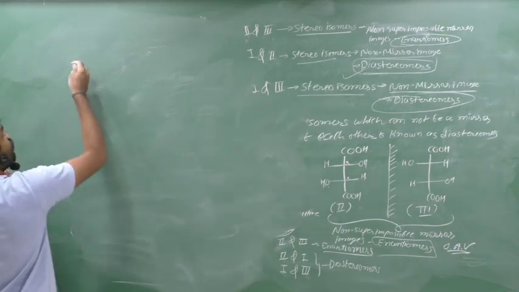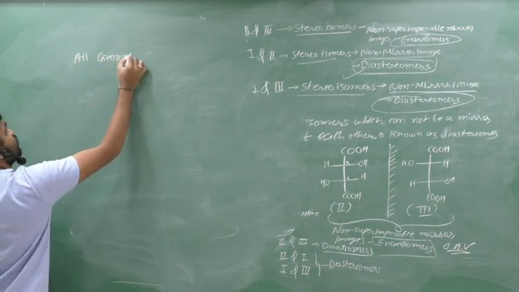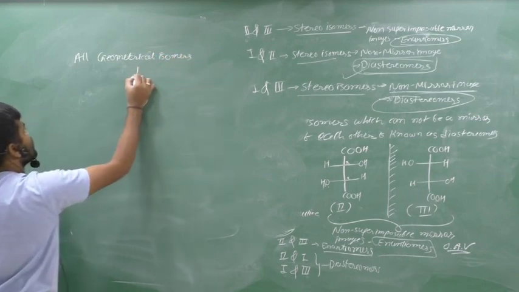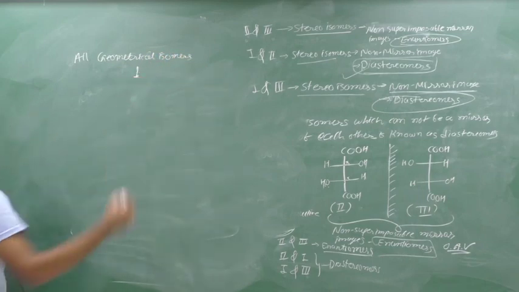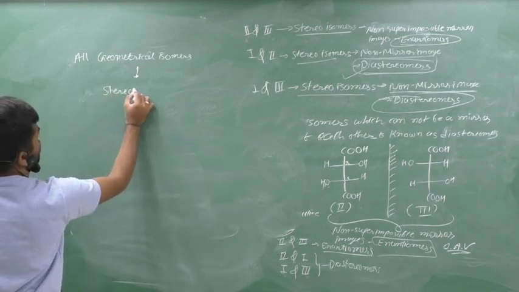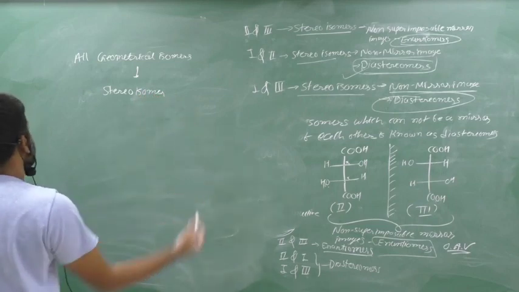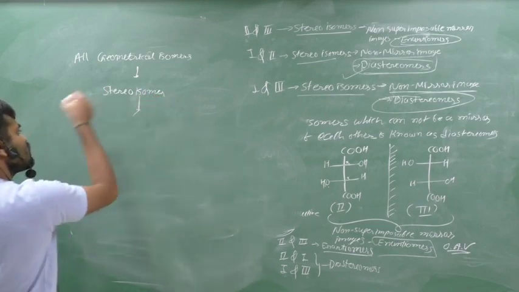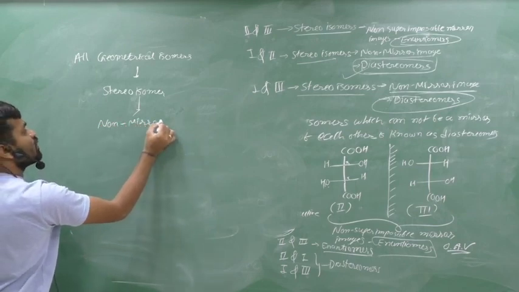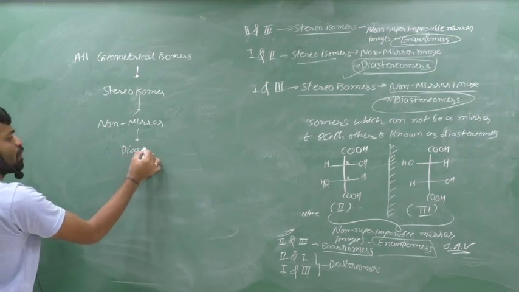If you think about all geometrical isomers, they are stereoisomers. From these stereoisomers, any compounds which are non-mirror images are diastereomers.